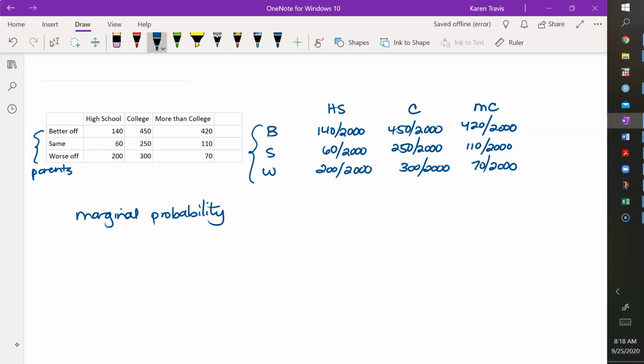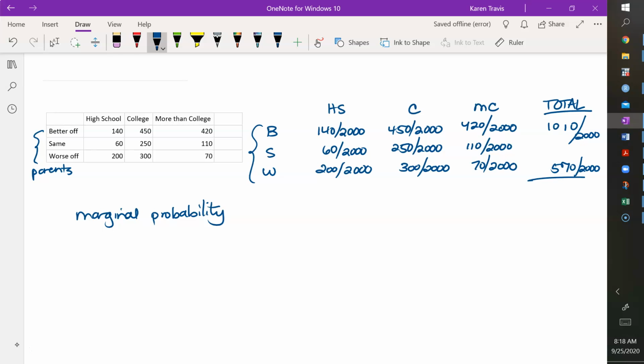So if they can only answer better off, same, or worse off, then if I look at the total across the row, this total was 1,010 out of 2,000. This total down here is 570 out of 2,000.